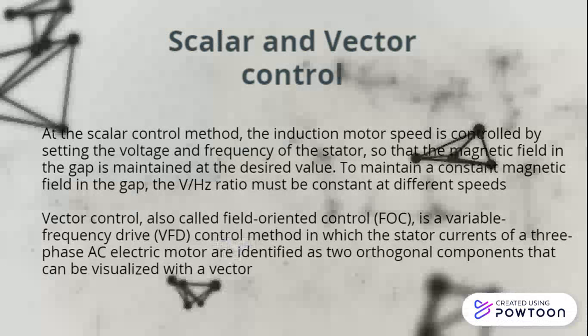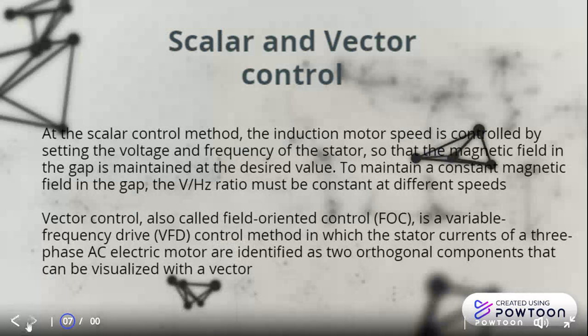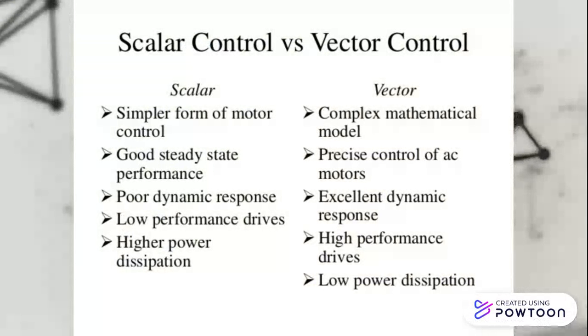Vector control, also known as field oriented control FOC, is a variable frequency drive control method in which the stator currents of the three phase AC electric motor are identified as two orthogonal components that can be visualized by a vector.